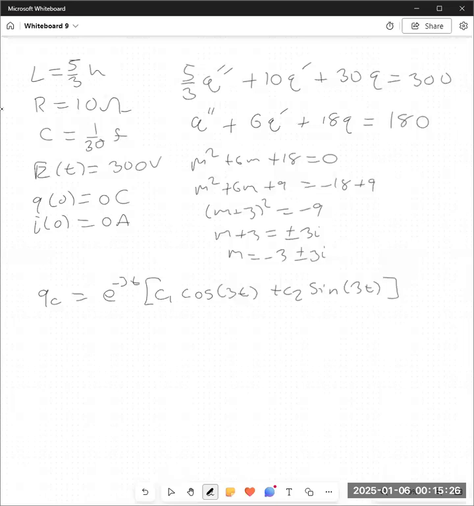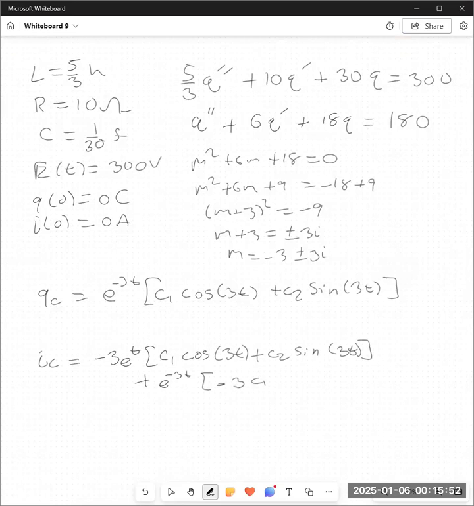And that means that my IC, which is my Q prime C here, is going to be equal to negative 3 e to the negative 3t times C1 cosine of 3t plus C2 sine of 3t, plus e to the negative 3t times negative 3 C1 sine of 3t plus 3 C2 cosine of 3t.